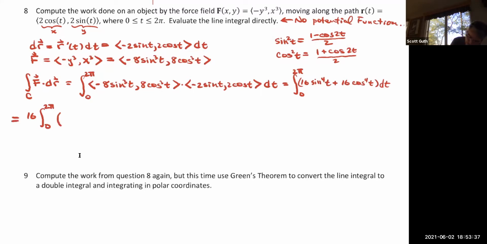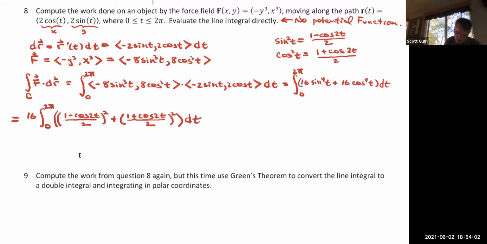So inside we're going to put 1 minus cos 2t, over 2, and it's squared. And plus, same thing for the cosine squared, squared. So this would be 1 plus cos 2t over 2. This is also squared. Isn't that beautiful?